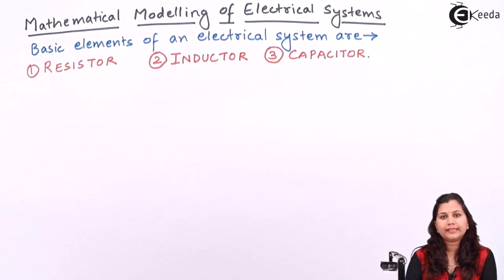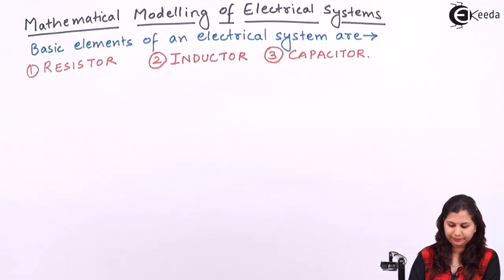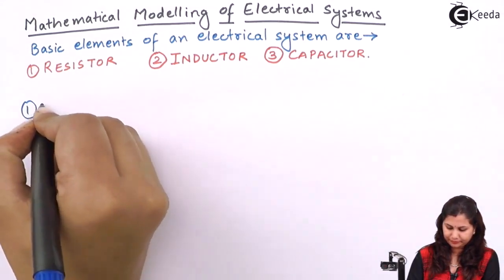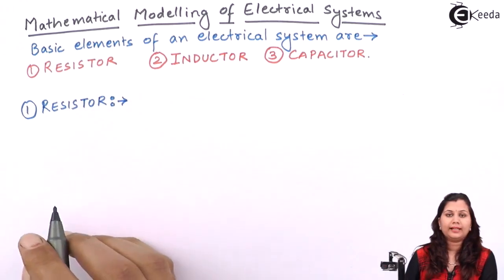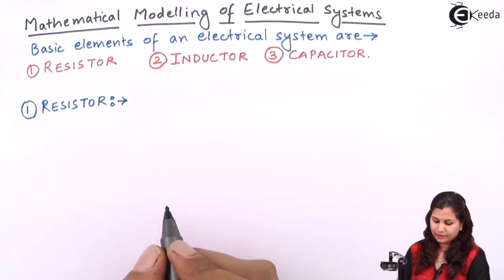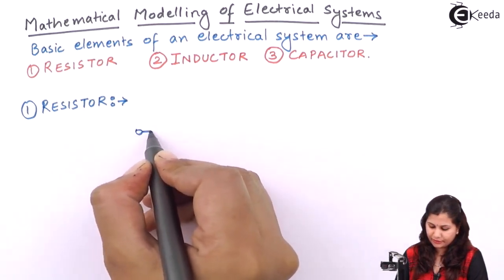Let us first study the first basic element of the electrical system, resistor. Let us consider an electrical circuit having a resistor in it.